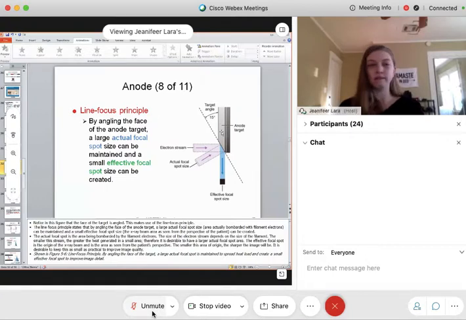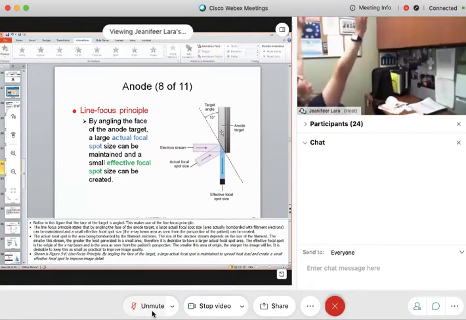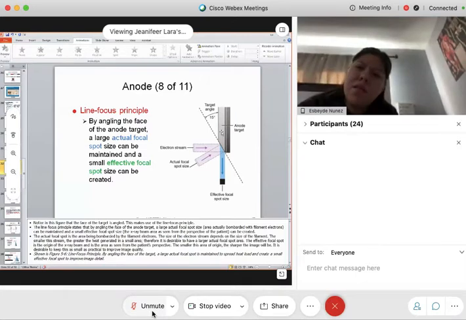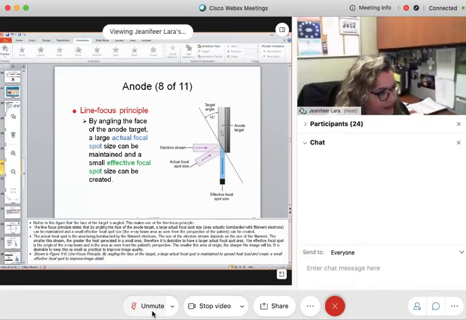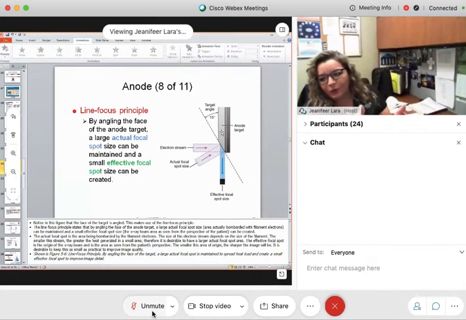Thank you. Yes, the focal track belongs on the rotating anode disc. The focal track is on the face of the anode disc, which is made of tungsten with a splash of rhenium. Great work.